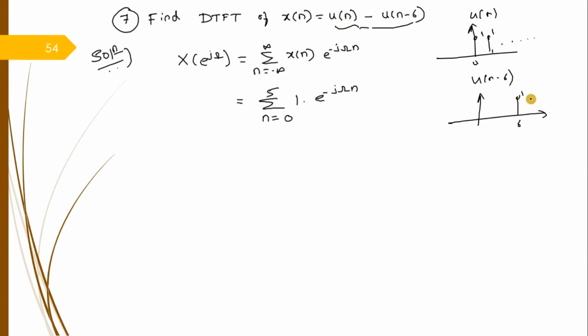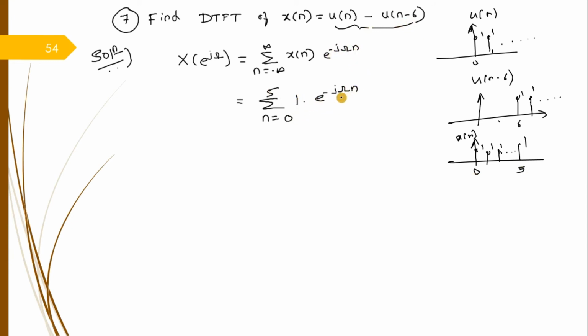So from here it starts having 1 thereafter. If you subtract these two, you get 1, 1, 1 till 5. This is the given x of n. So it ranges from 0 to 5, where the value of u of n minus u of n minus 6 is 1.